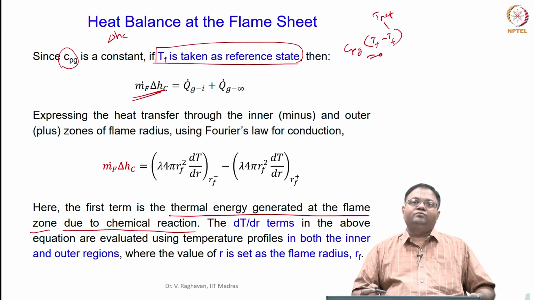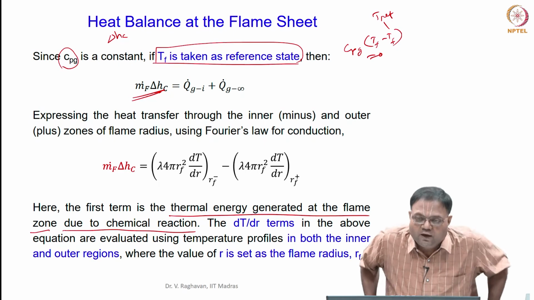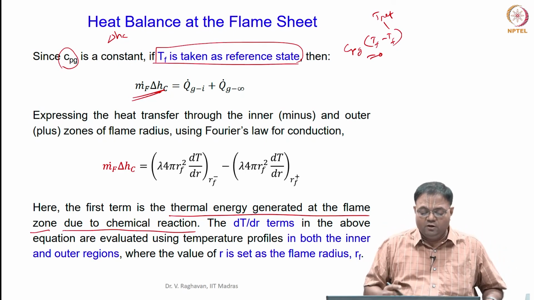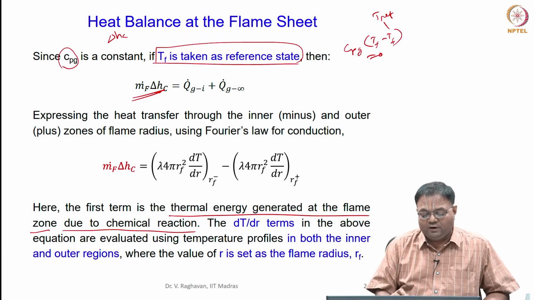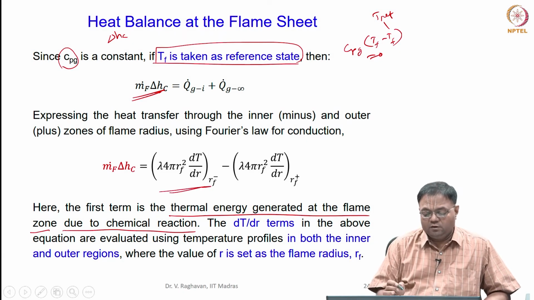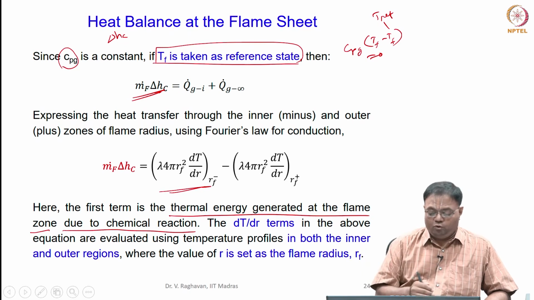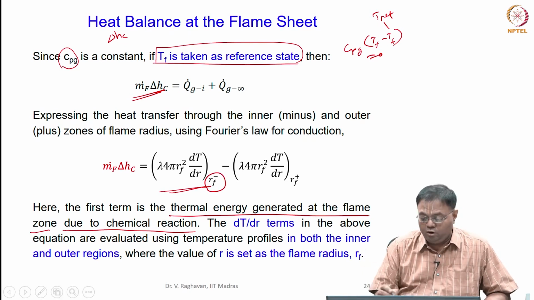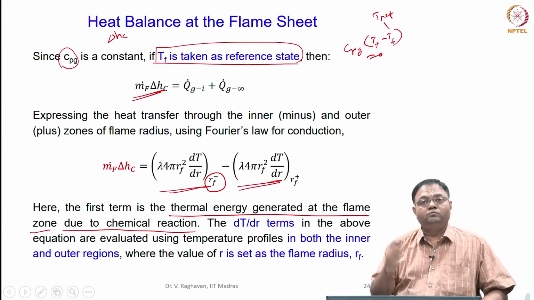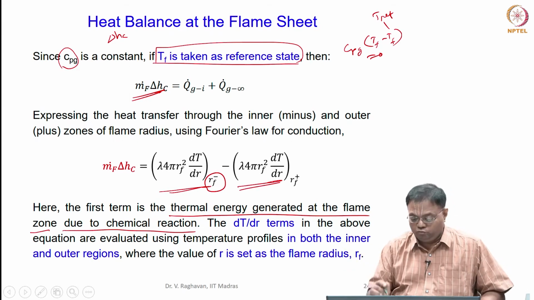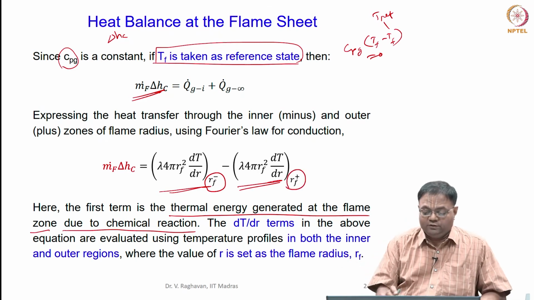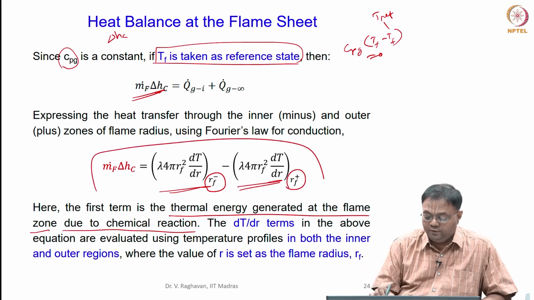So that times delta Hc will give you the thermal energy which is generated. So that should be partially conducted back to the inner zone, that is Rf minus represents the inner zone, and transported to the outer zone. So this is the conduction to the outer zone, Rf plus. So this is the equation we get.